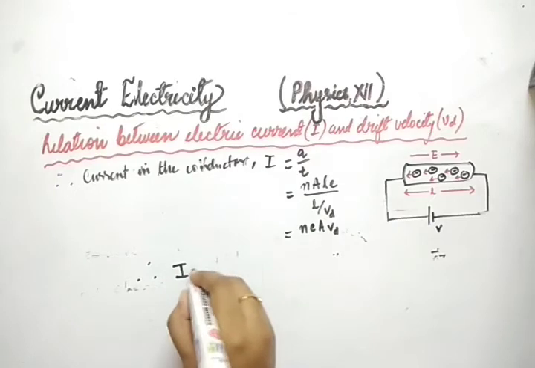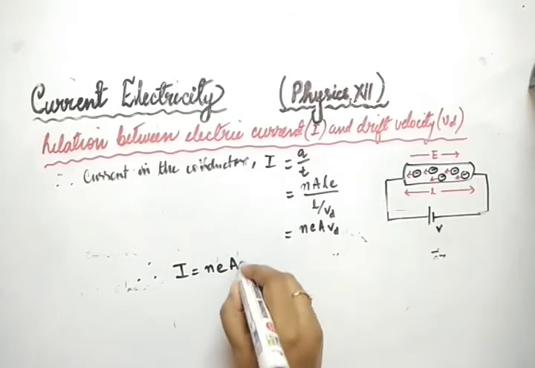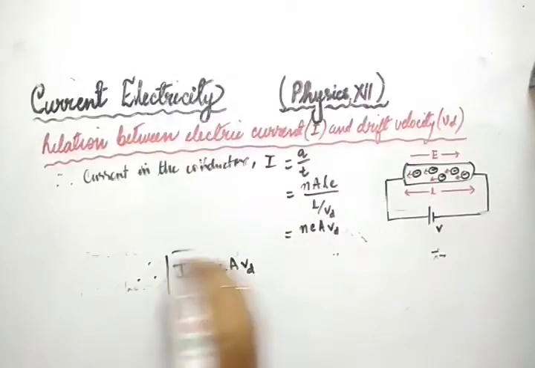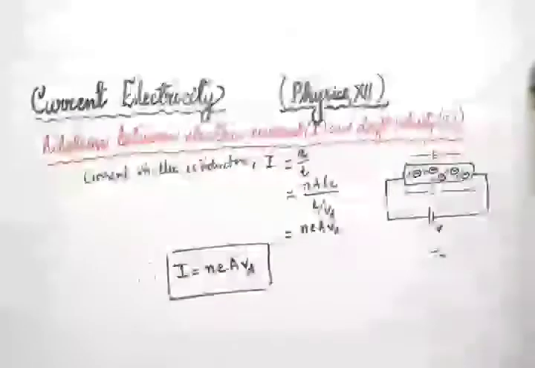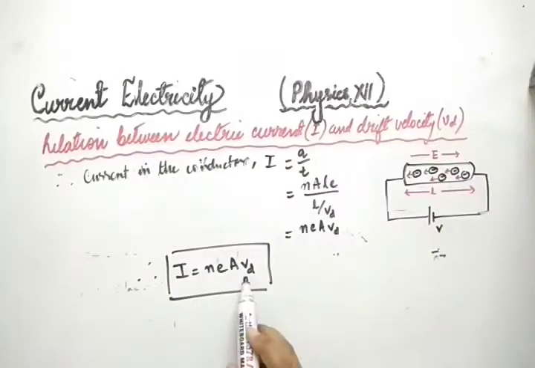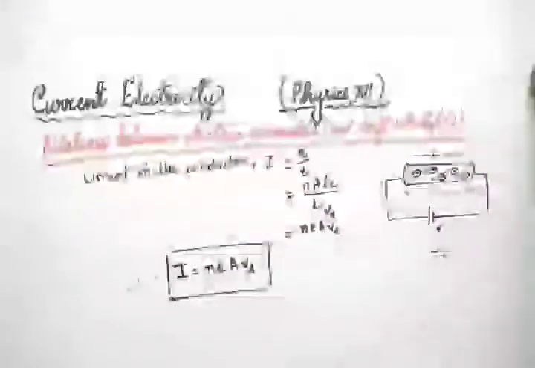Therefore, I equals n e A V subscript d. This is the formula for current, and this is the relation between current and drift velocity.